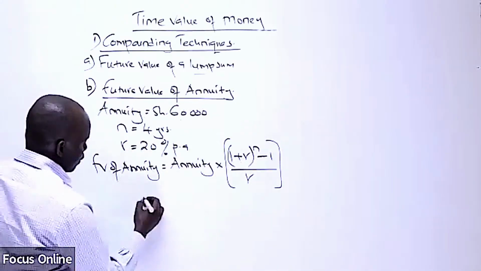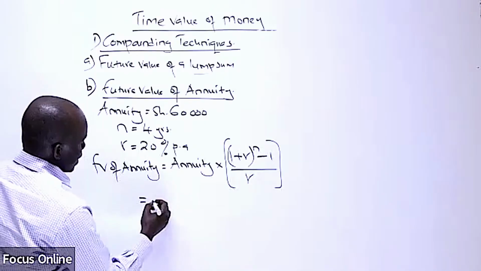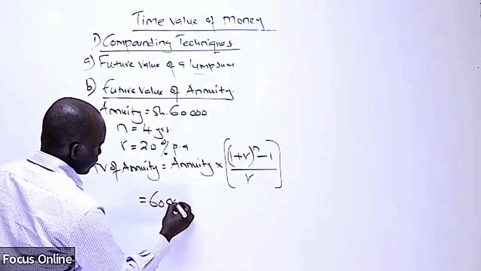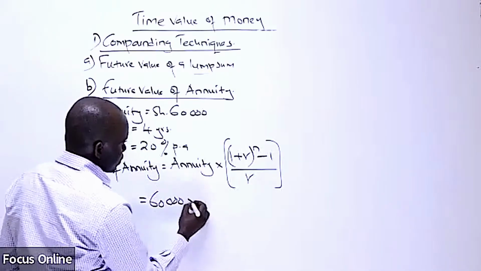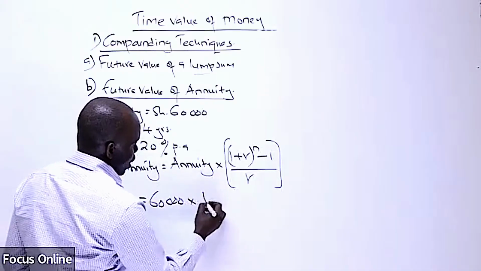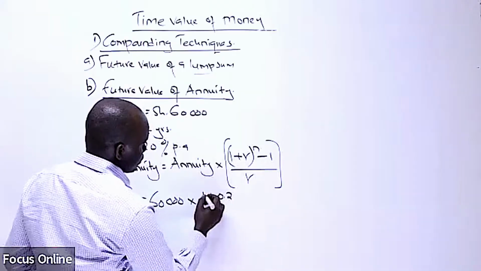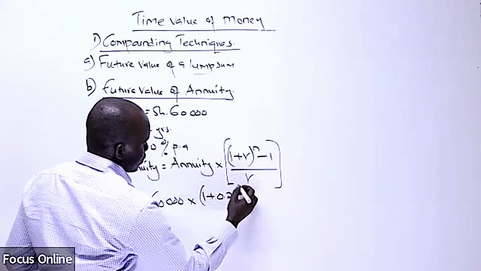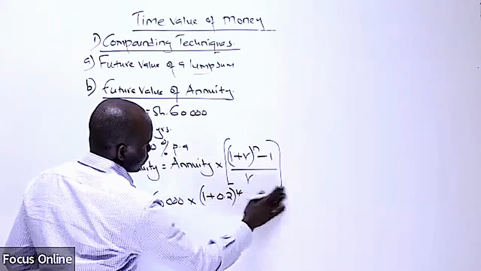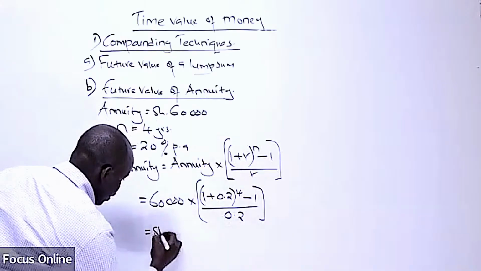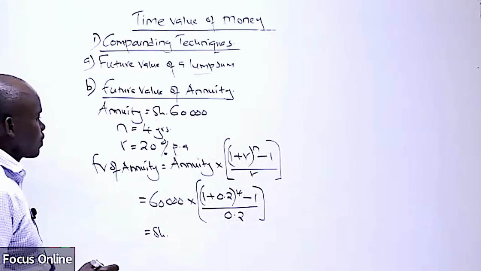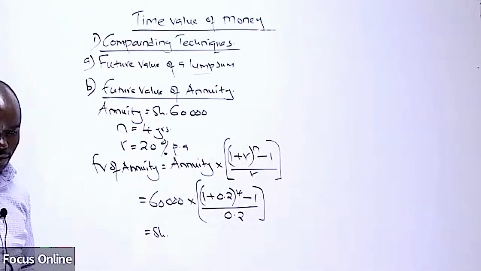So here you say 60,000 times 1 plus 0.2 power 4. So get the value of the investment after 4 years. Then I'll show you another way of doing it.